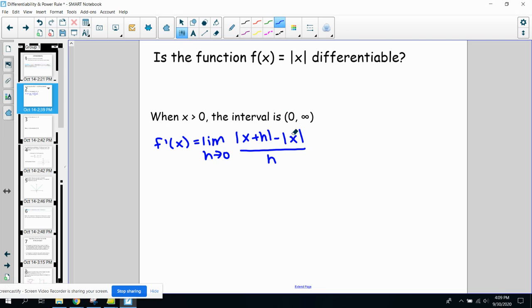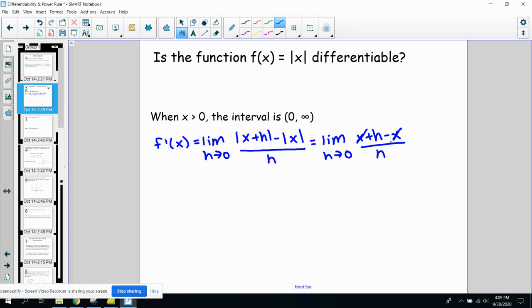Since I am on the interval from 0 to infinity, and I know my numbers are going to be positive, I'm going to drop my absolute value bars and make everything the positive case. So we have the limit as h approaches 0 of x plus h minus x over h.